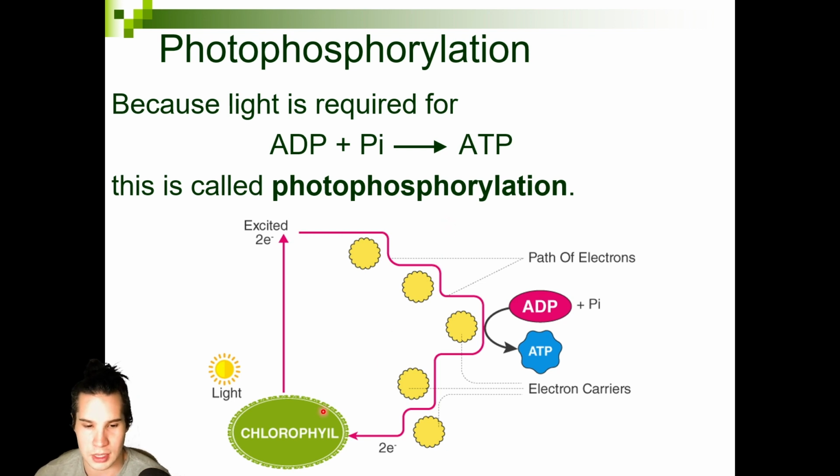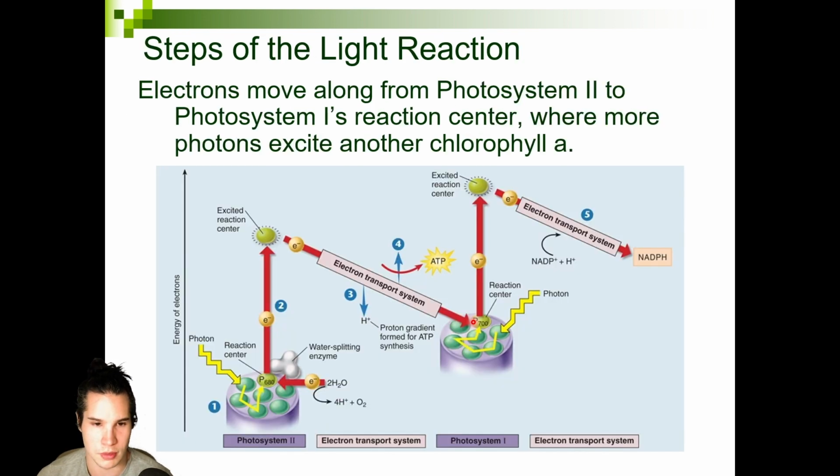So this is depicting the reaction center, chlorophyll A, having its reaction center excited by light energy. And then that electron will move from protein to protein to protein, and in the process, coupling the hydrogen gradient that it's generating through its electron transport chain with the enzyme ATP synthase to make adenosine triphosphate.